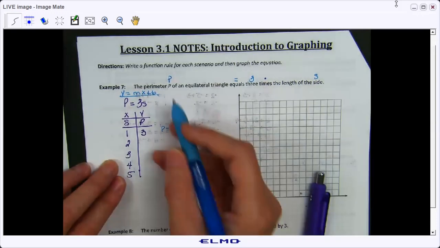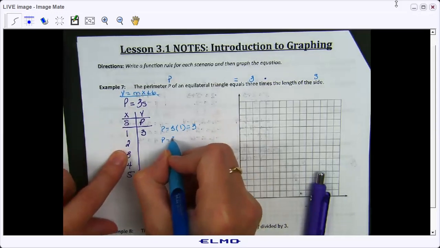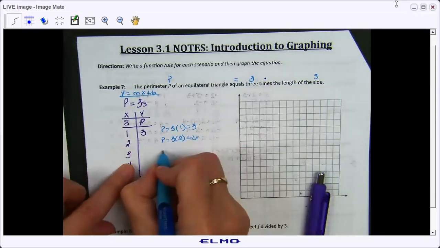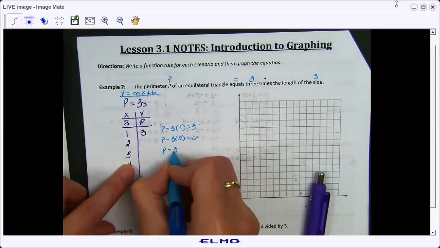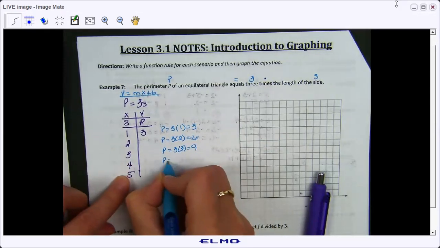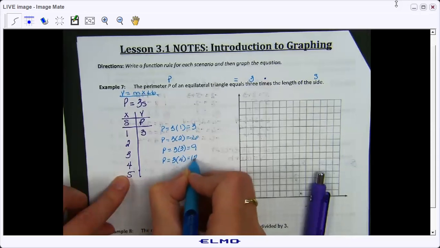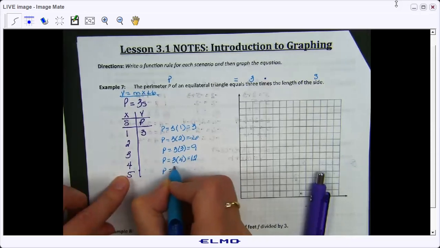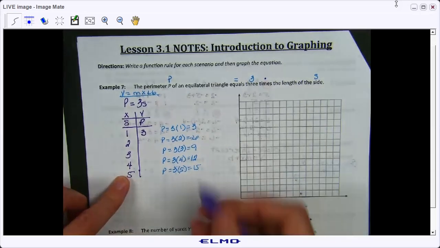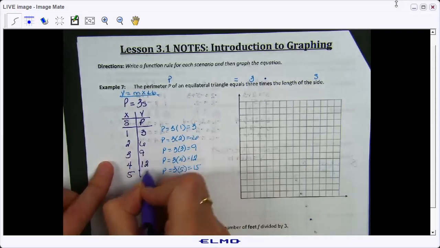So again, you're just plugging in the S into your equation and you're getting your perimeter. Okay, and perimeter 3 times 5 equals 15. So 6, 9, 12, and 15.